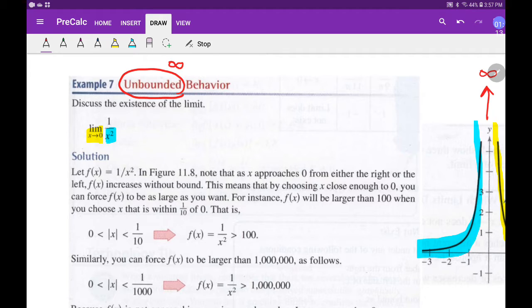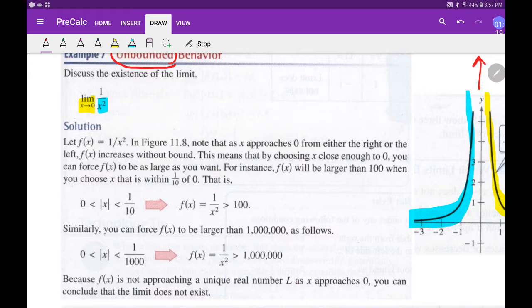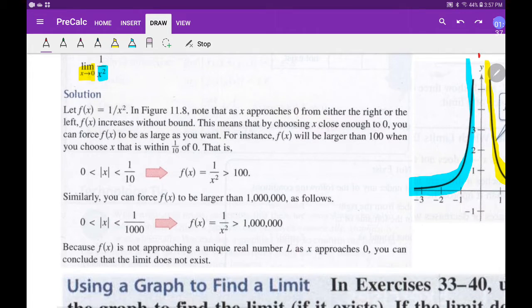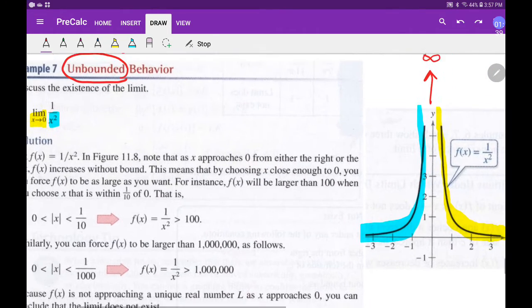And they're going to say that the limit does not exist. And that's true, it doesn't exist. Basically, I like their picture and I like the limit.